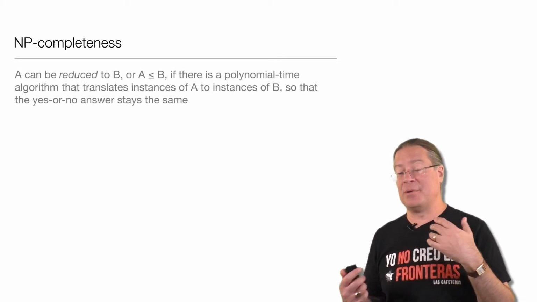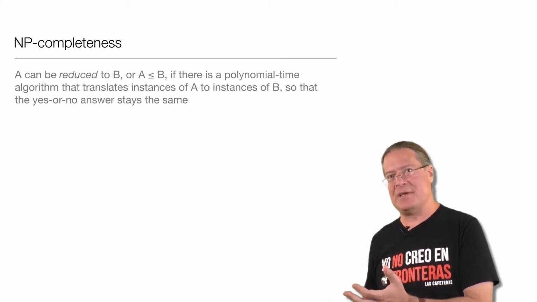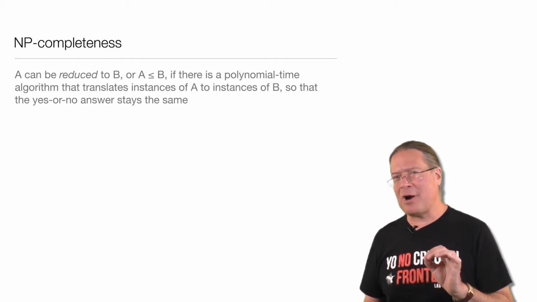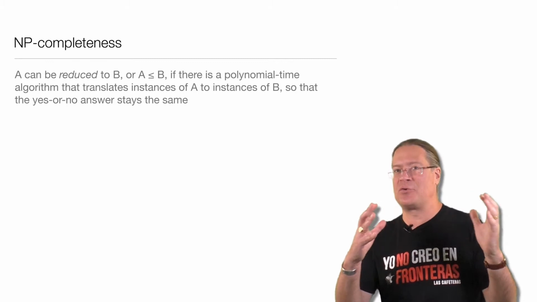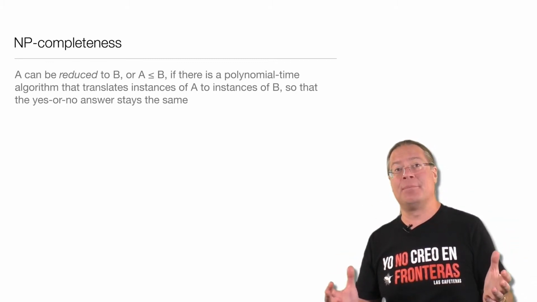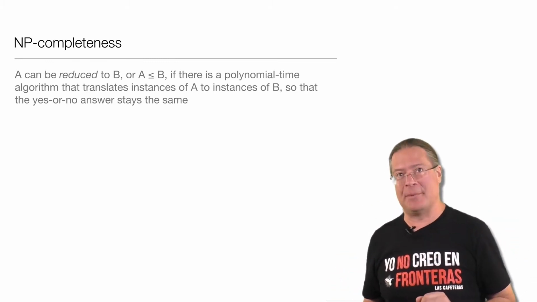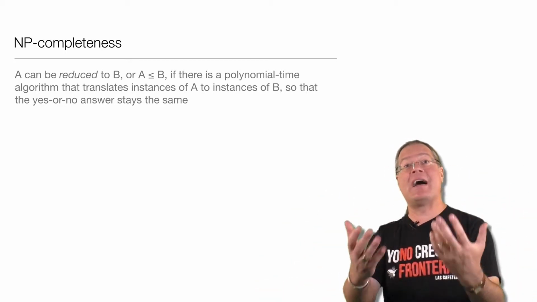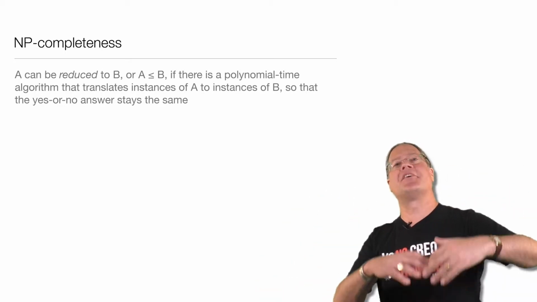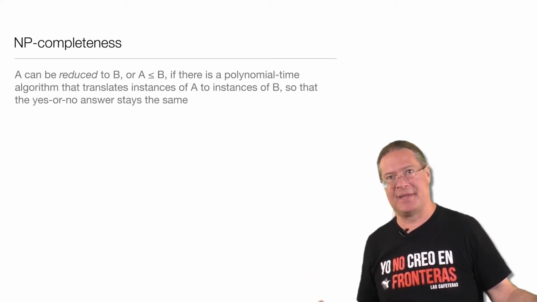Suppose I have a problem A and another problem B, and I want you to remember that a problem here means a whole class of problems, a type of question. We don't mean a problem like, does this graph have a Hamiltonian path? We mean the general question of, does any graph I describe to you have a Hamiltonian path?